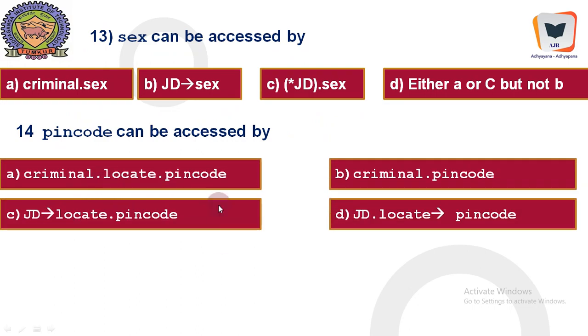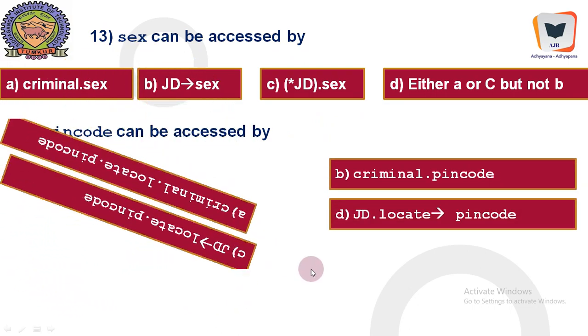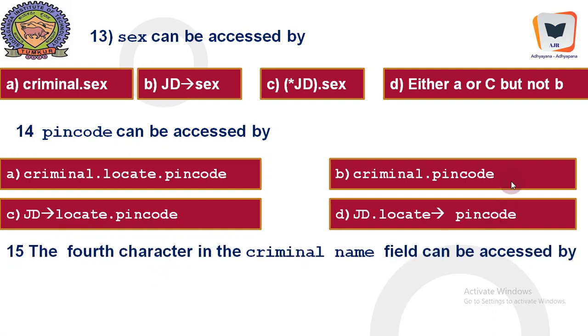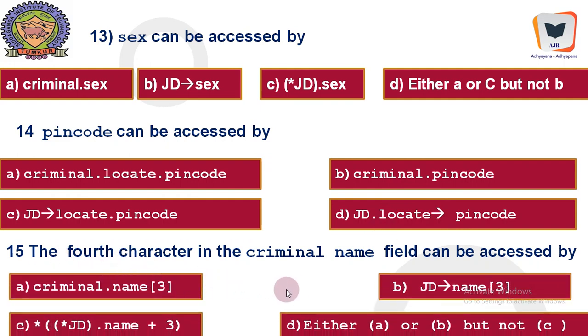Criminal dot locate dot pin code. Okay, or this way, JD arrow locate dot pin code, JD is a pointer to the structure and locate will hold pin code. And these other forms are wrong because you cannot attach this arrow operator to locate, because locate is not a pointer to a structure.